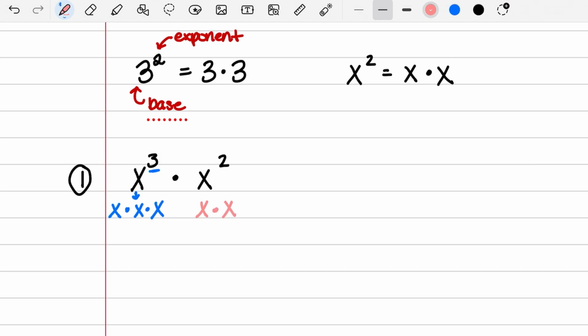Now, it may seem as if the x cubed and the x squared are just separated by this one multiplication symbol, but the multiplication symbol we see over here too. So all it is, is 2 groups of x's being separated. So I can just bring that down.